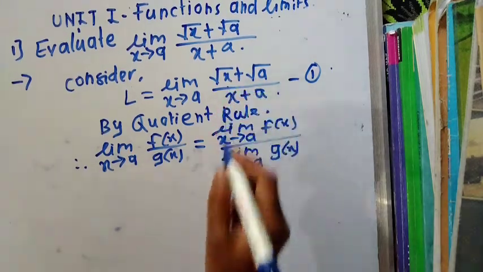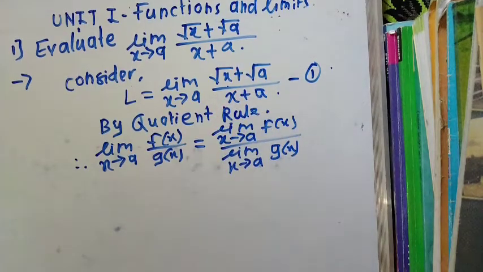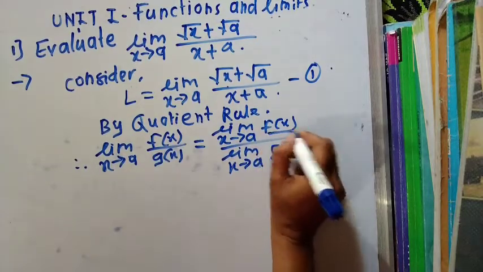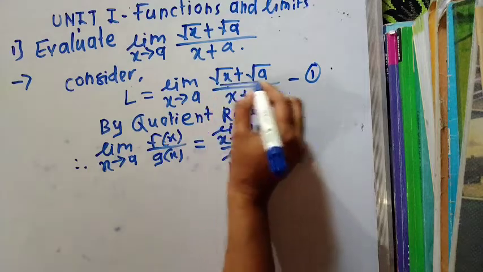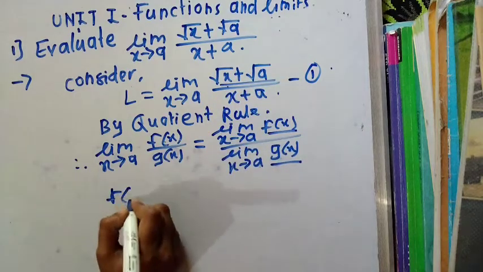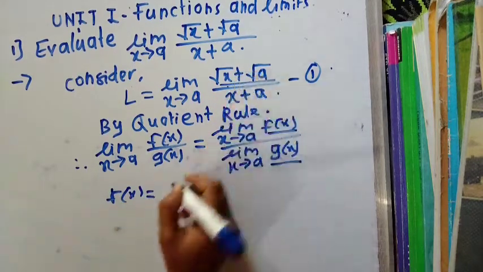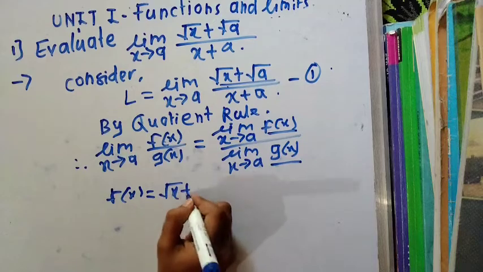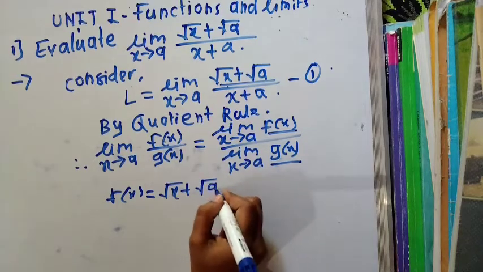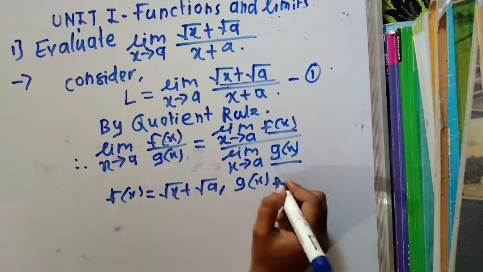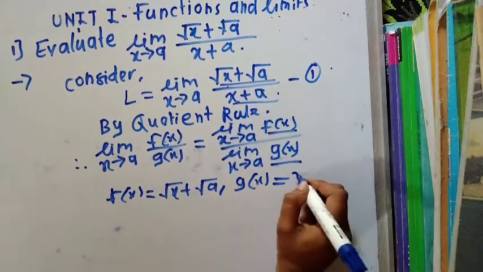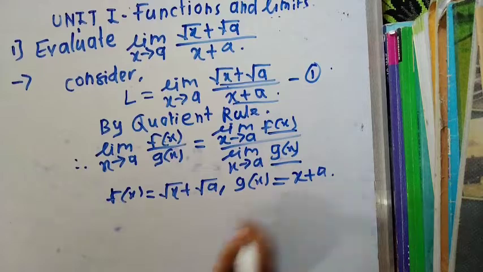But here f of x is equal to square root of x plus square root of a and g of x is equal to x plus a.